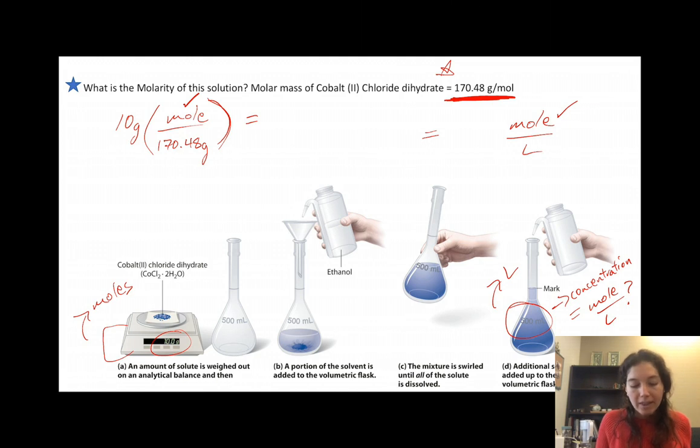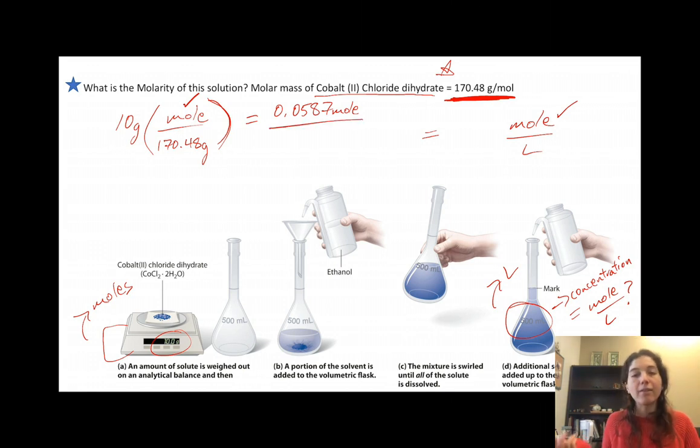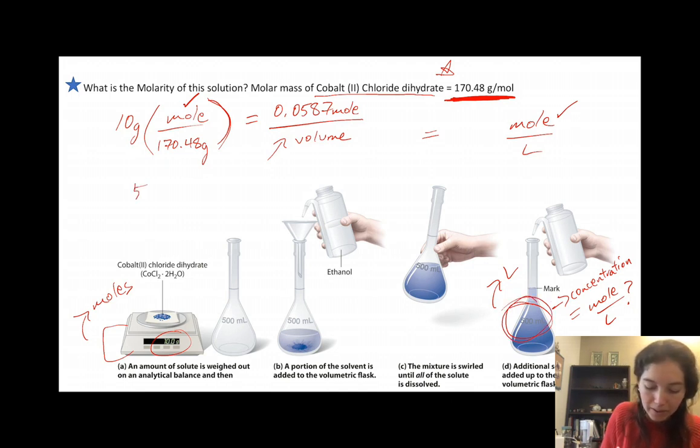So if we solve for this, we find that we have 0.0587 moles of this cobalt-2 chloride dihydrate. Now we want to know over liters, right? So we need some kind of volume here, and it needs to be in liters. We have 500 milliliters, and we need to convert that to liters.